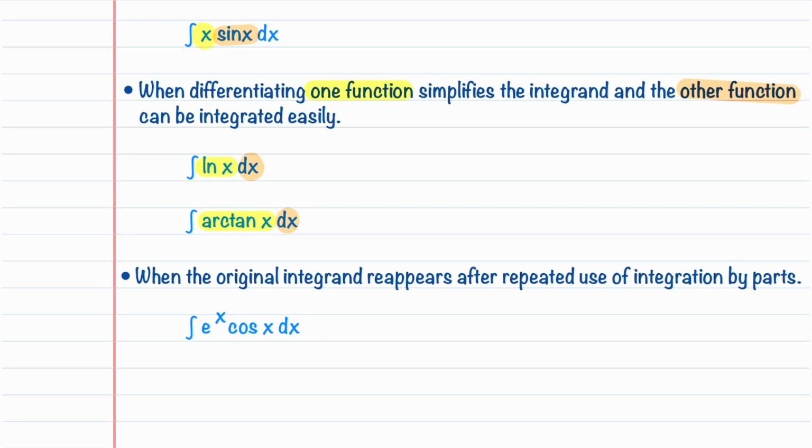You can also use integration by parts when the original integrand, such as e to the x cosine x, reappears after repeated use of integration by parts. We're going to go over all of these examples in just a few minutes, but we first need to go over the formula that we'll need to use.